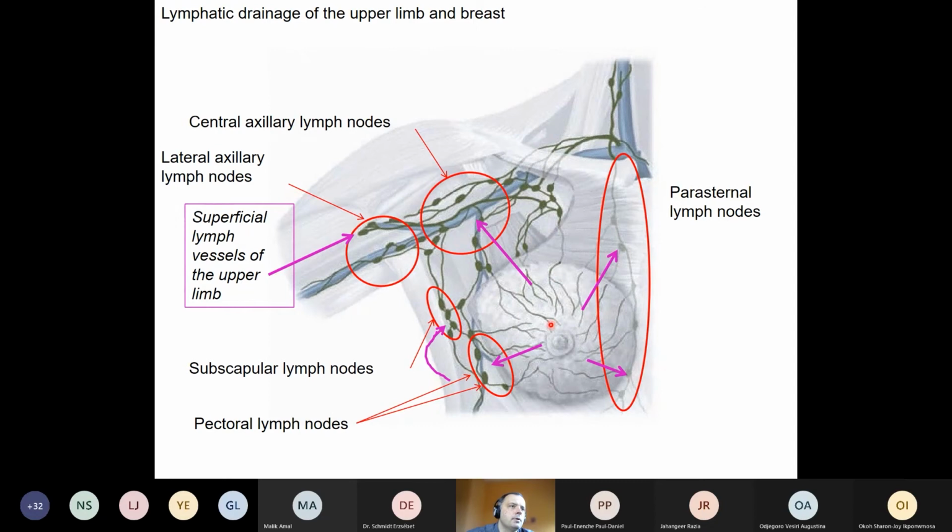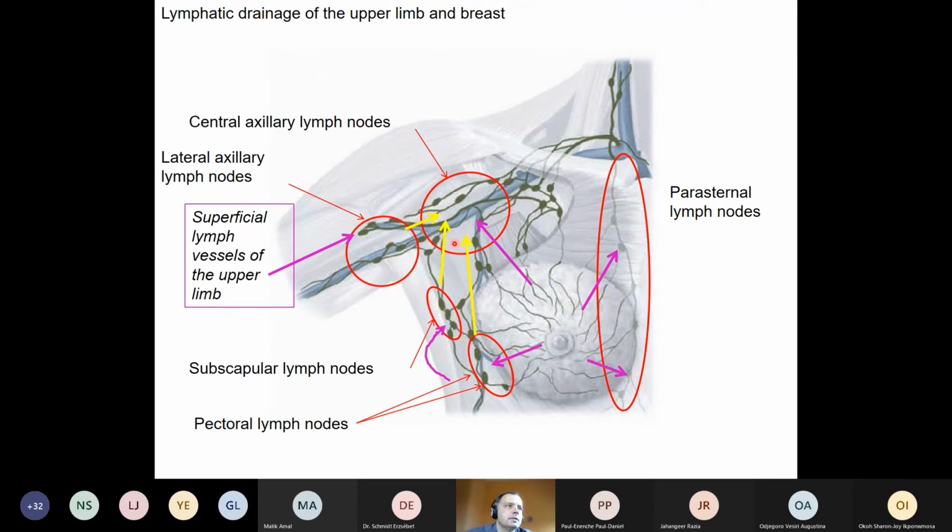And from the upper lateral quarter of the breast, the primary lymph nodes are situated in the central group of the axillary lymph nodes. And importantly, please note that the central axillary lymph nodes will get the lymph fluid from the pectoral, subscapular, and from the lateral axillary lymph nodes as well.